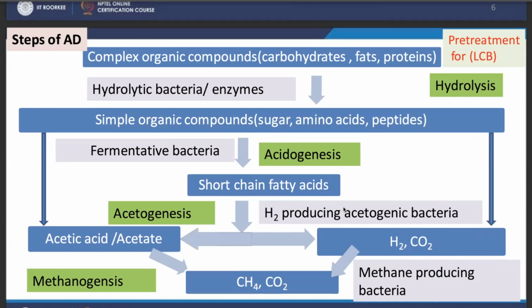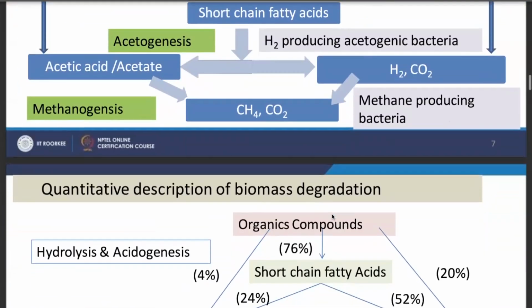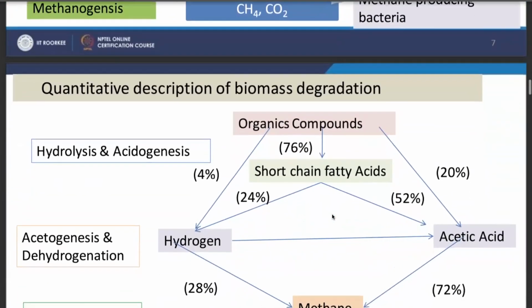Methanogenesis means methane producing bacteria, right? Genesis means making. So they are producing methane by using substrates such as acetate, right? So these were some of the basic steps involved in anaerobic digestion.